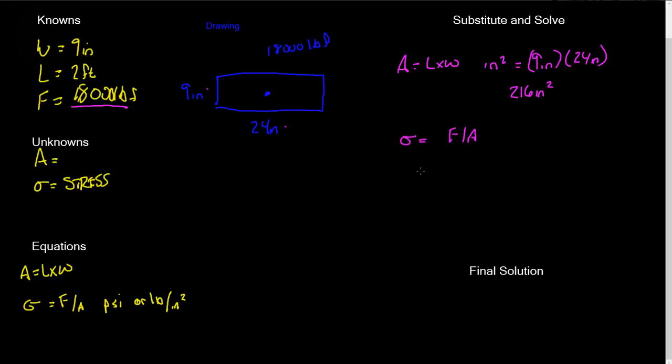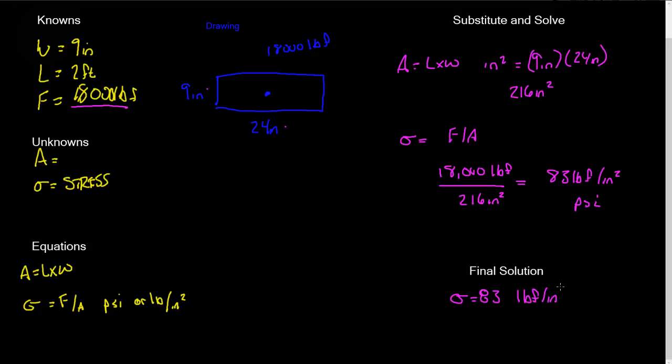So in our equation here, we're going to substitute in 18,000 pounds force divided by the 216 inches squared. That is going to give us a solution of about 83 pounds force per inch squared, or PSI. So that gives us our stress is 83 pounds force per inch squared.